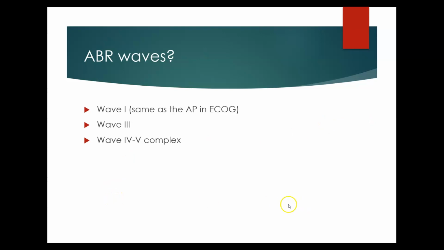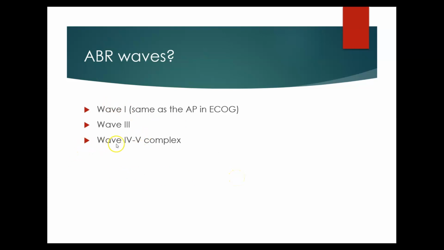Wave 3, and 2 and 3 is a kind of a wave complex, are generated by the cochlear nucleus. Sometimes the superior olivary complex is implicated in that, which is the first stage, or the first area in the central auditory nervous system of crossover.